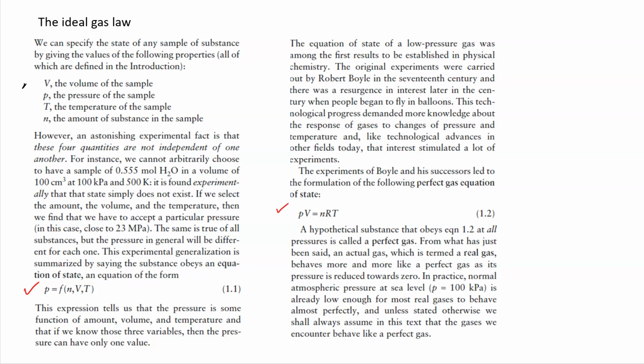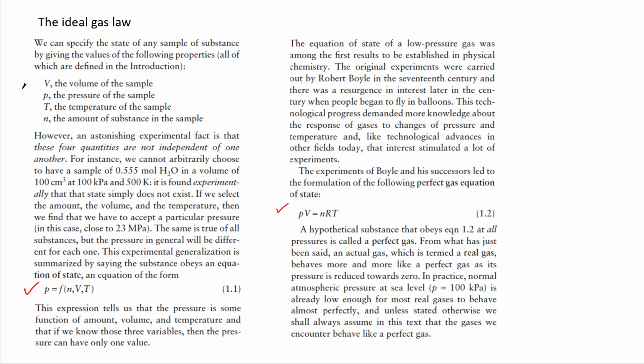And from what has just been said, actual gases, or real gases, don't necessarily agree with ideal gases, particularly at very high pressures where they have increased incidence of collision with one another and association.